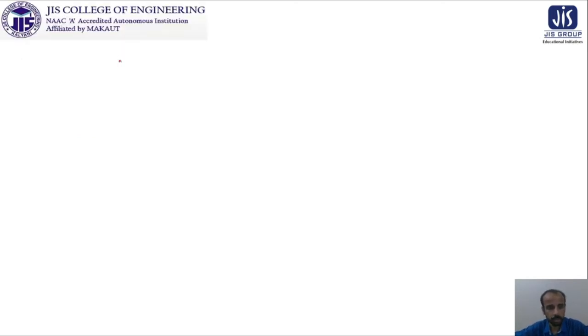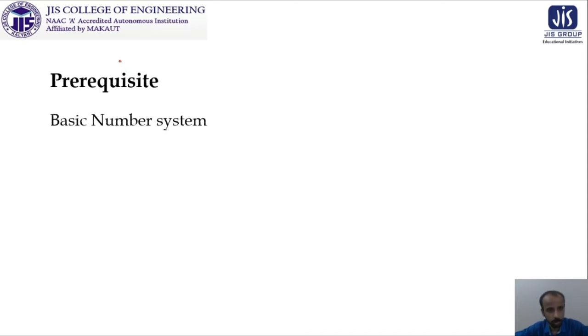Our prerequisite for today's class is the continuation of the discussion of GCD, going a little deeper regarding the properties of GCD. It is obvious that we need some idea of the basic number system to understand the problems and the discussions.